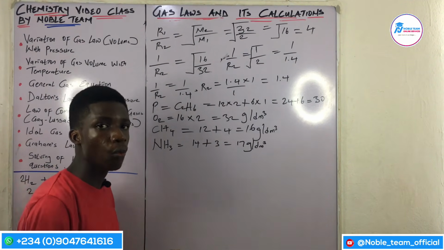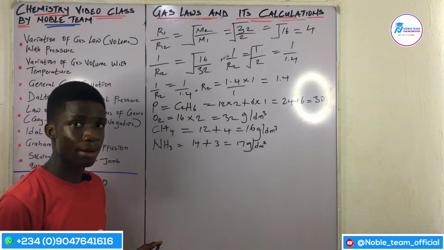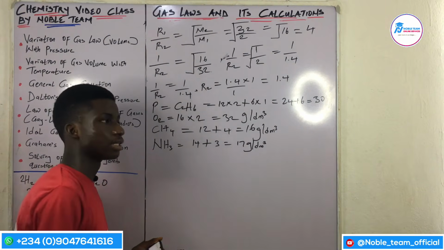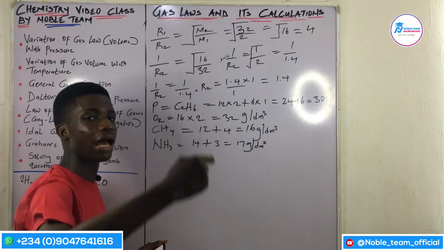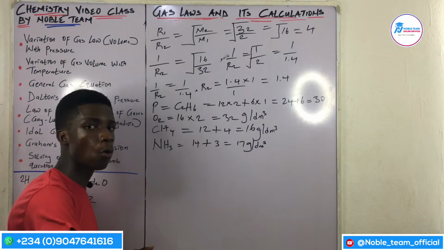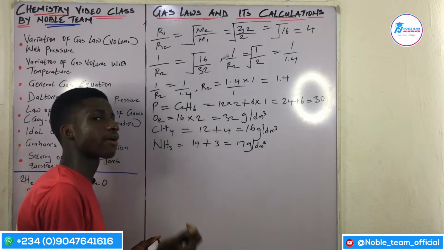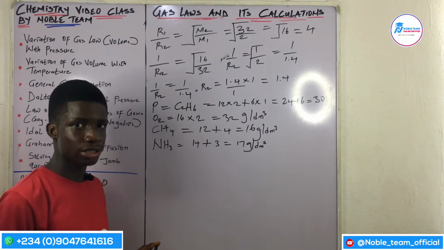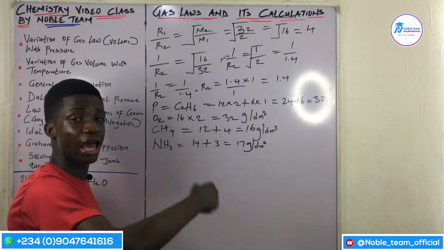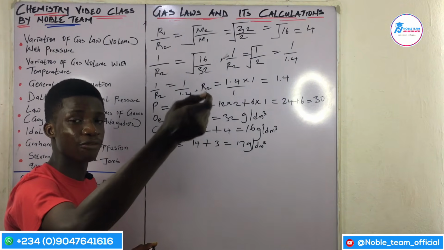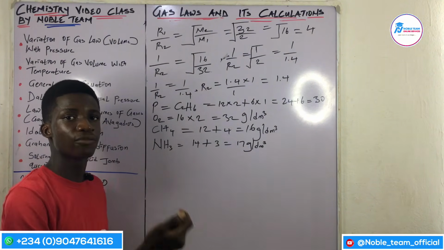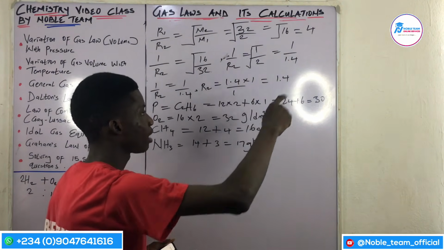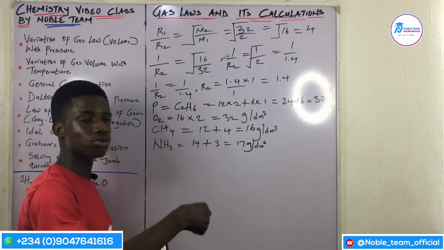The one with the highest molecular mass will diffuse slower. The lowest value gives the fastest diffusion, then the highest gives the slowest diffusion. You understand? Now looking at these options, which one has the highest value in terms of molar mass?